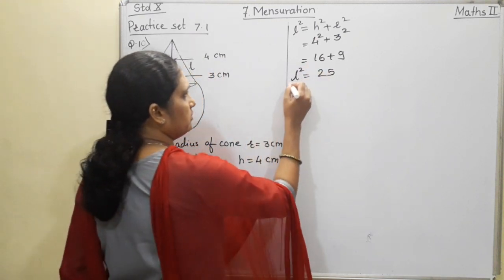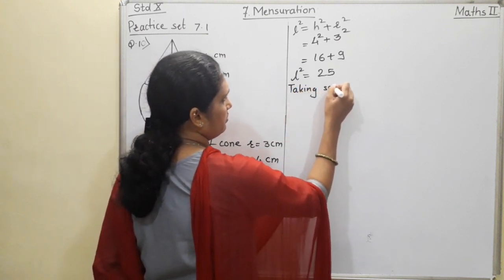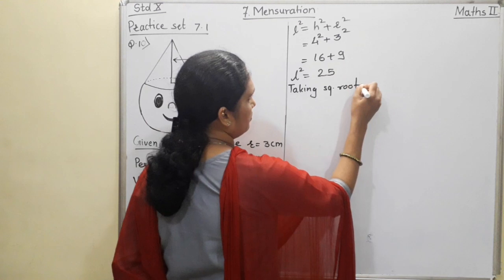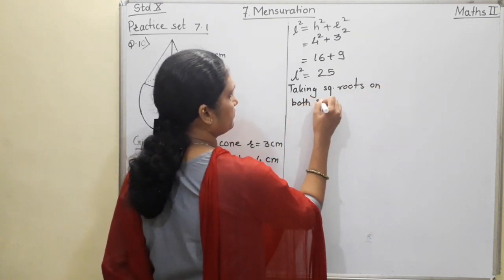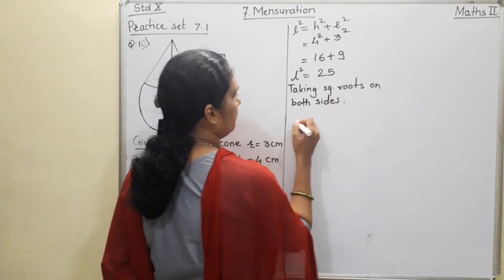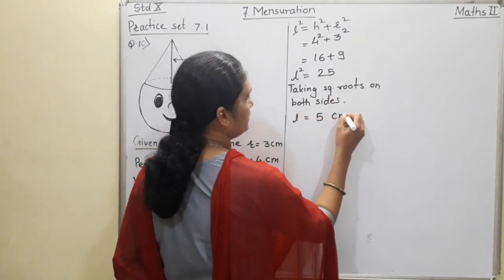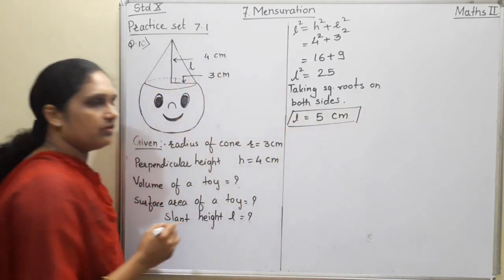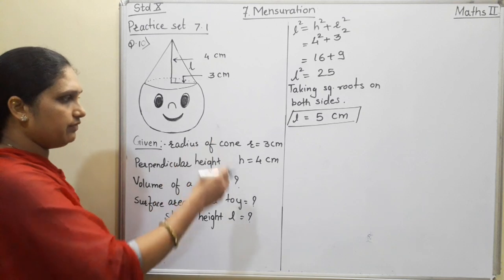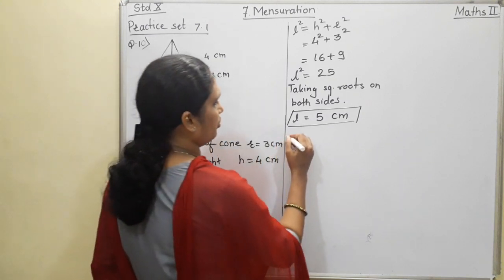Taking square roots on both sides, we get L is equal to 5. Now the unit is given centimeter, so L is 5 centimeter. Now once we got the L, we got all required things. Now we'll find the volume of a toy.